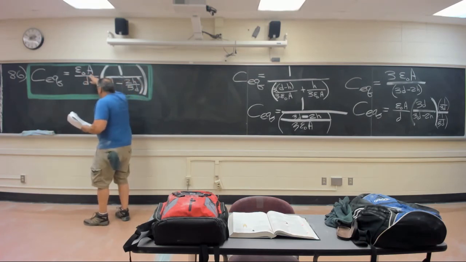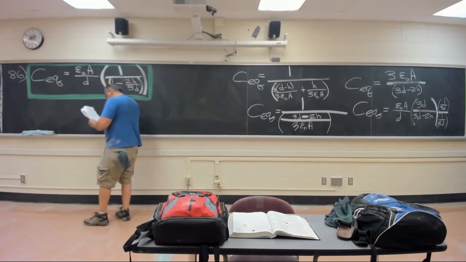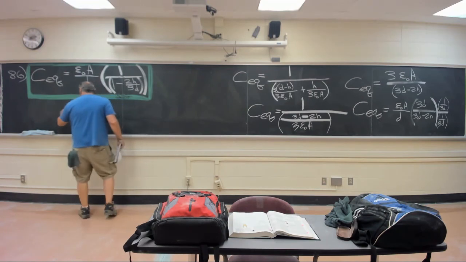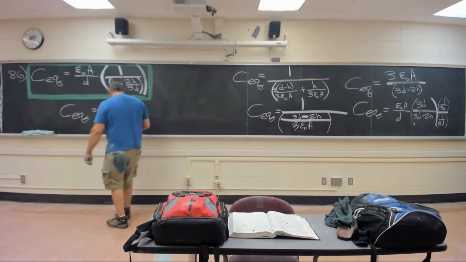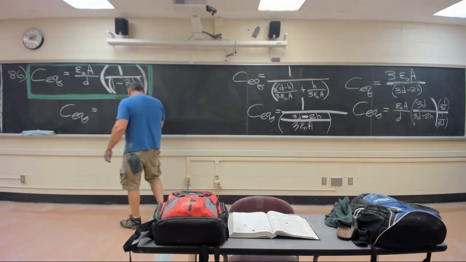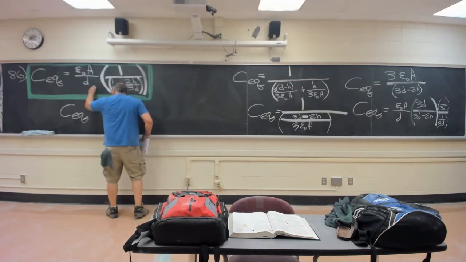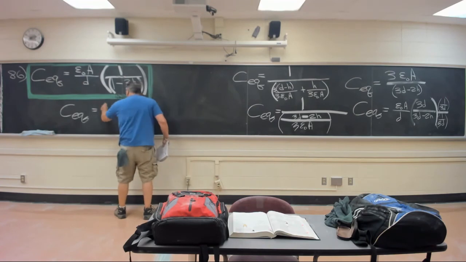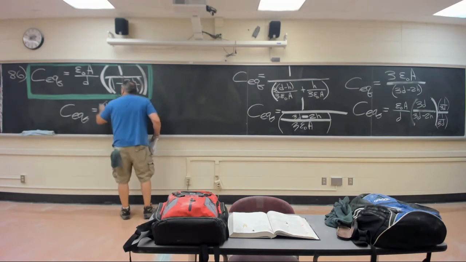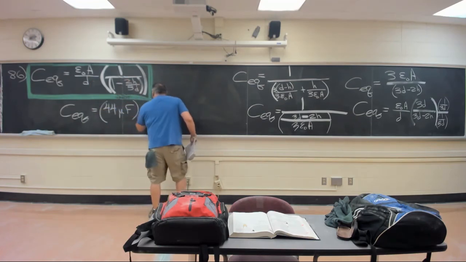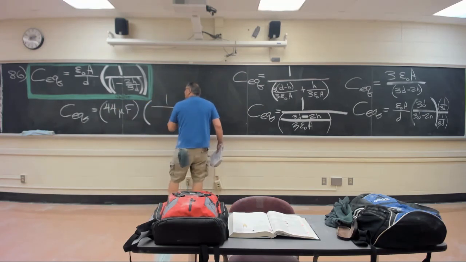Epsilon naught A over D, I think they were telling us the capacitance in vacuum or in air, and now you can keep it in terms of air. That was the big thing. You were able to take the 44 microfarads, which is that. And then the rest gets you out of the woods.